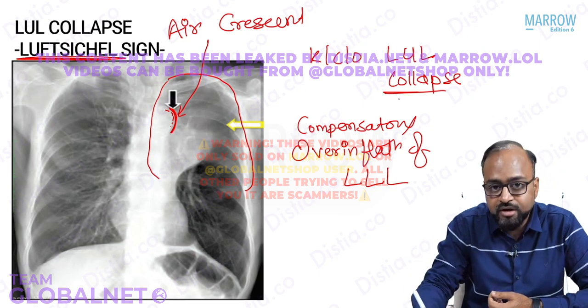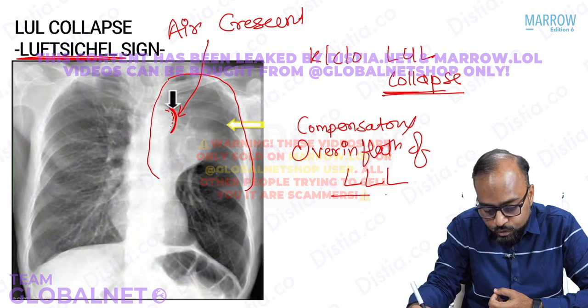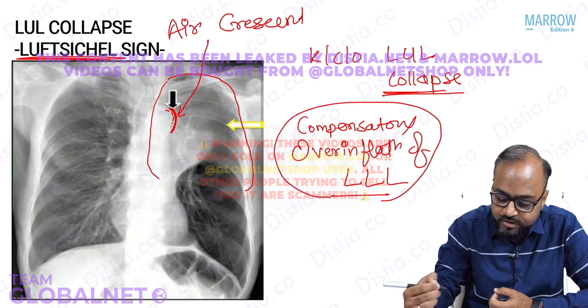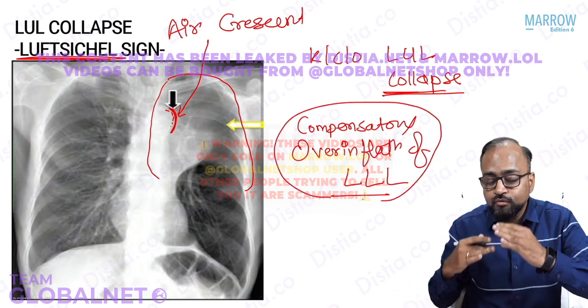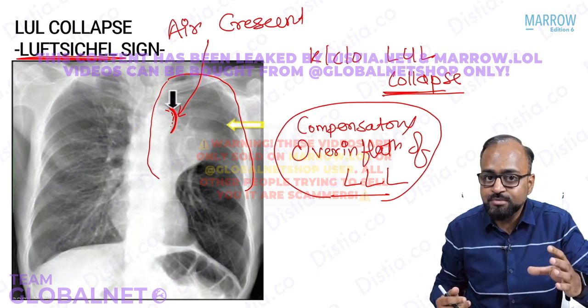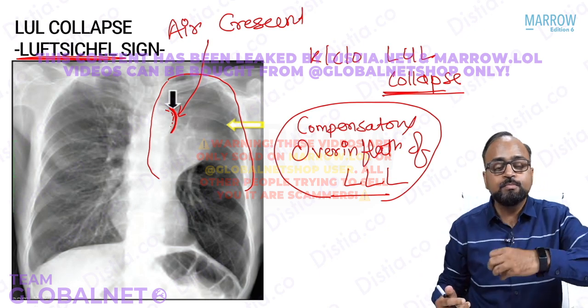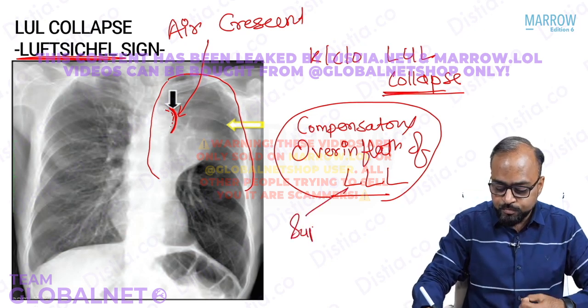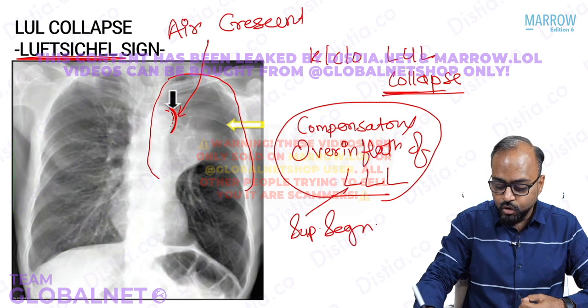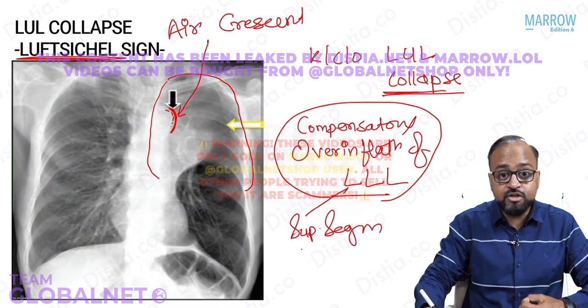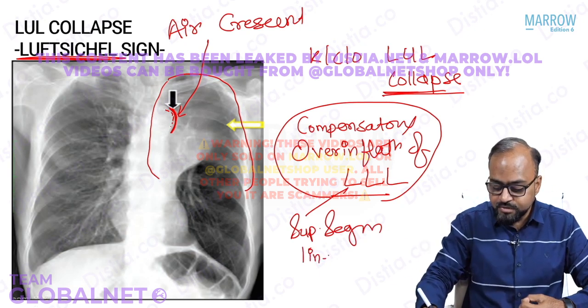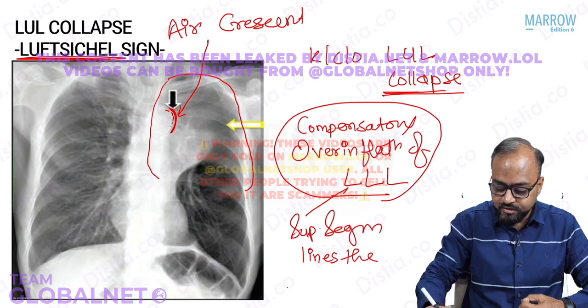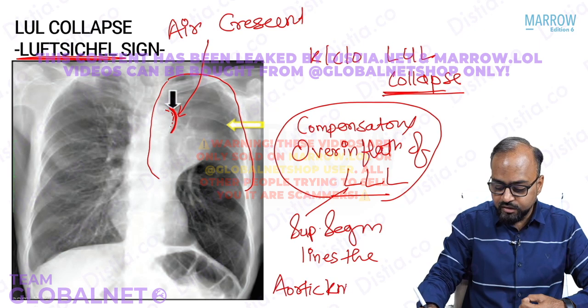Because the left upper lobe has collapsed, the remaining lobe, that is left lower lobe, undergoes compensatory overinflation. And when it gets overinflated, the superior segment of left lower lobe, when it is overexpanded, comes and lines the aortic knuckle.